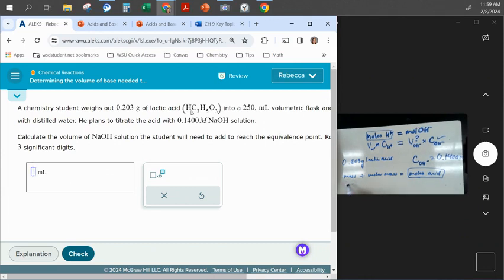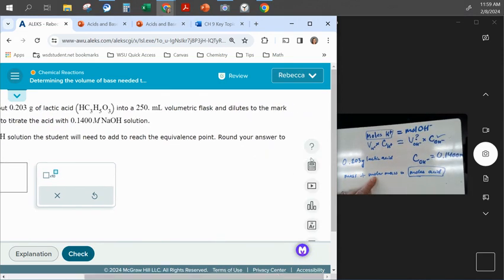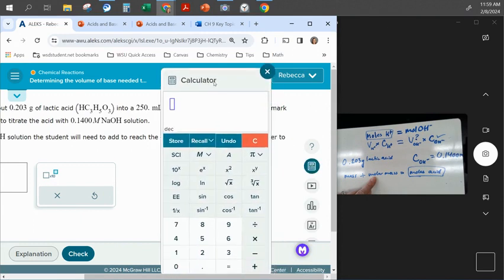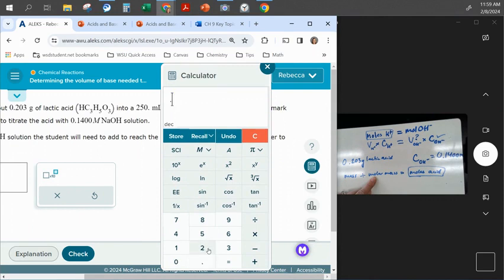Okay, so let's do this first. So take our mass of lactic acid. I'm going to divide by the molar mass. I'm going to use my calculator. So 0.203 divided by the molar mass. Is it in here? Nope. So we have to calculate it. So we've got 6 hydrogens.